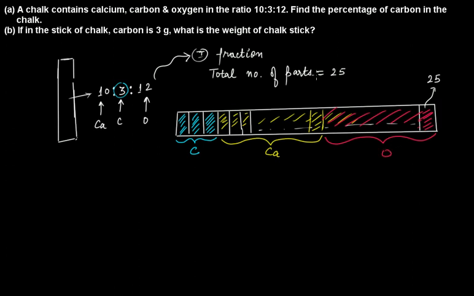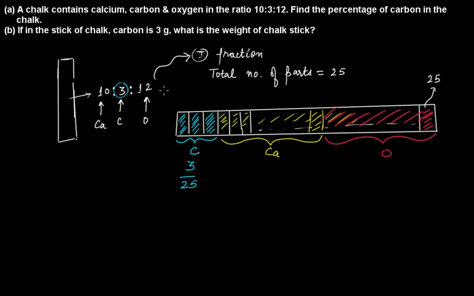This total number of parts tells us that, because we are dealing with fraction. So these three parts for carbon, what fraction do they make? Since this is 3 equal parts, so 3 over 25. So this is the fraction of carbon in this chalk.